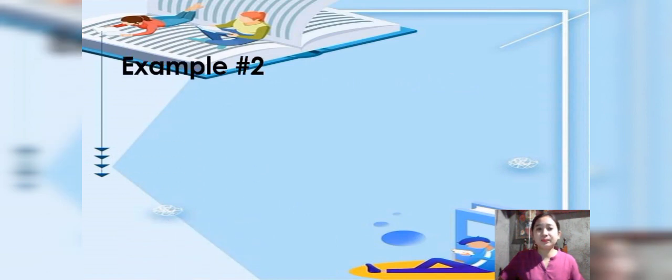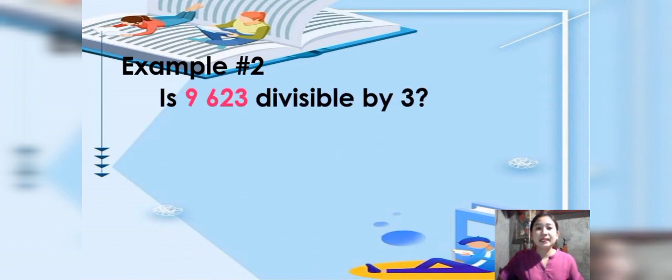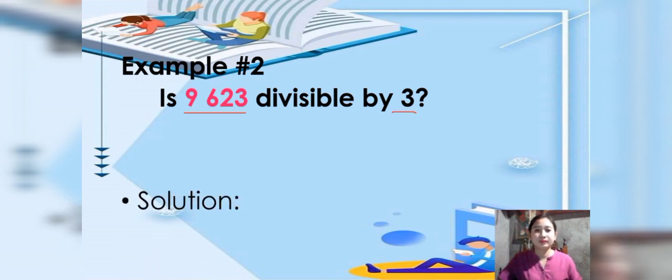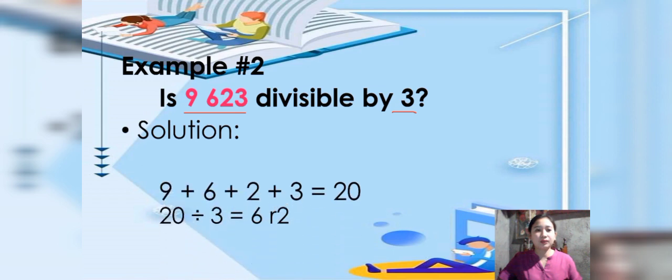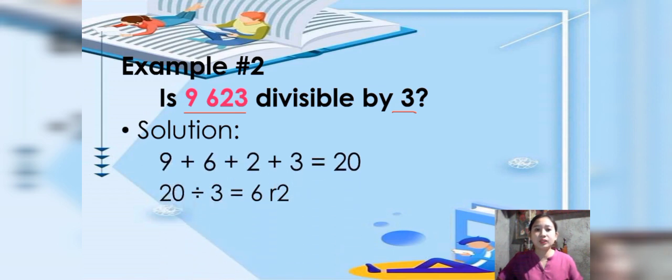Let us now proceed to our second example. Is 9,623 divisible by 3? Let's find out. Here's the solution. We add the digits together: 9 plus 6 plus 2 plus 3. The sum is 20.